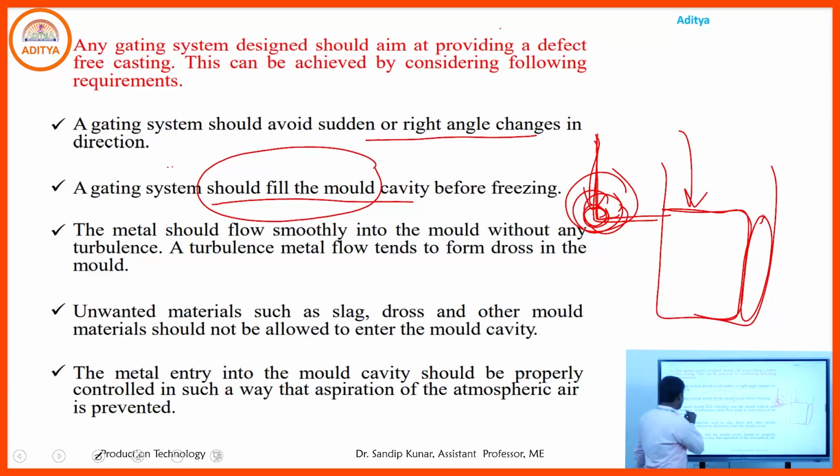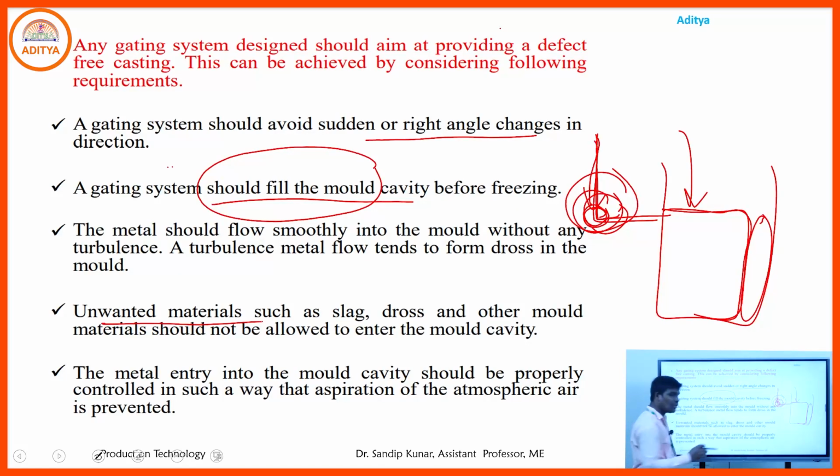Third, metal should flow to the mold cavity in a smooth way. Uniform flow is required, meaning laminar flow. If the flow is turbulent, the inside portion of the mold cavity and the gating system may be eroded.